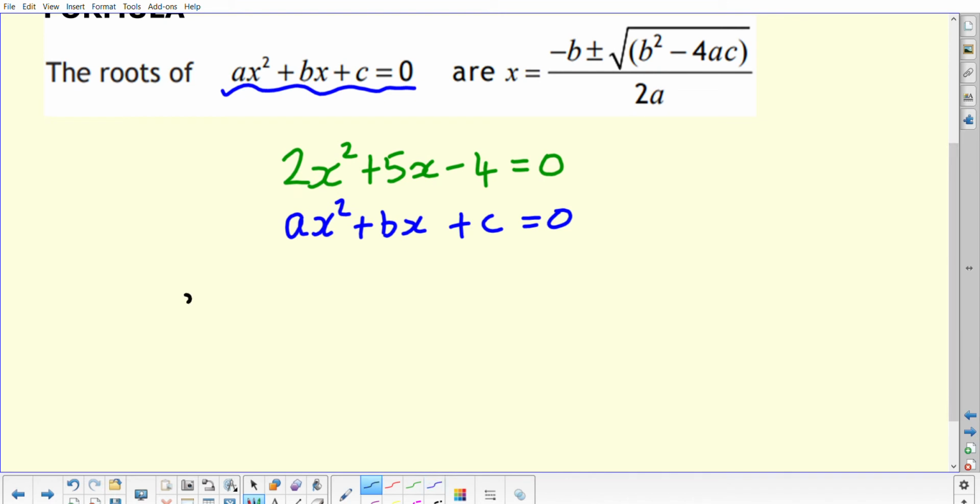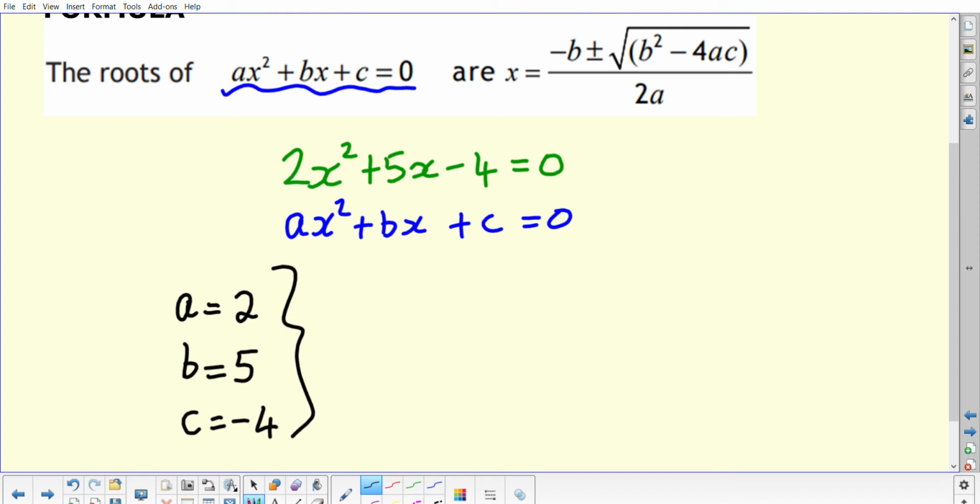The a is anything that's multiplying the x squared, which in this case is 2. The b is whatever is multiplying the x, which here would be 5. And your value for c is anything that doesn't have an x attached to it, which in this case would be minus 4. So you need to make sure that you've got the negative sign in there.